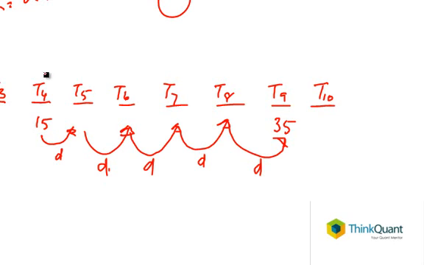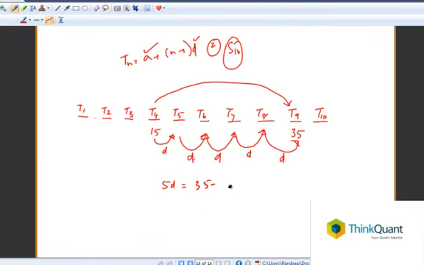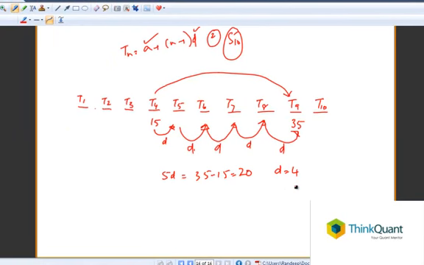Right? To move from the fourth term to the ninth term, we are adding 5d. So 5d must be equal to 35 minus 15, which is equal to 20. So our d is equal to 4. So now we have found our common difference d.